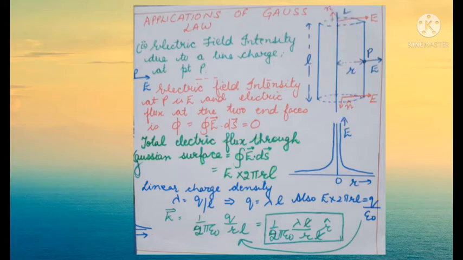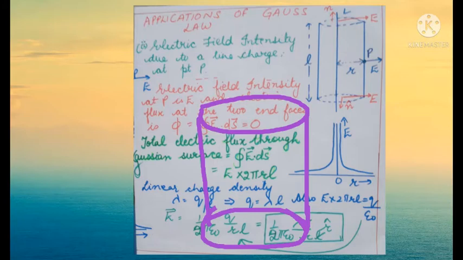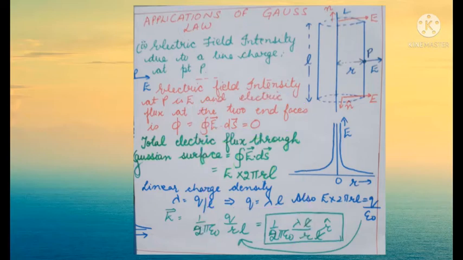We are considering here a Gaussian surface around a line charge. And children, as you already know, for a line charge distribution, the Gaussian surface is always a cylindrical one. So here we have drawn a Gaussian surface with r as radius and L as length.